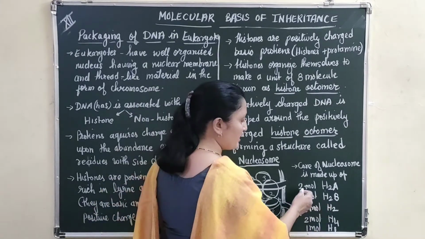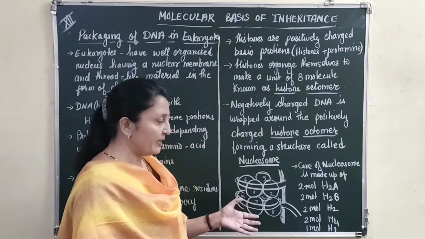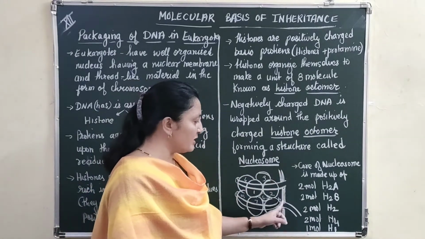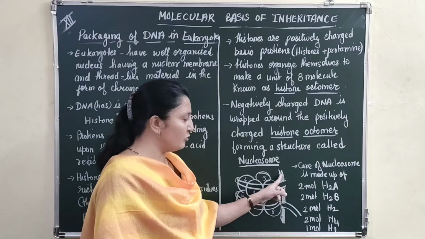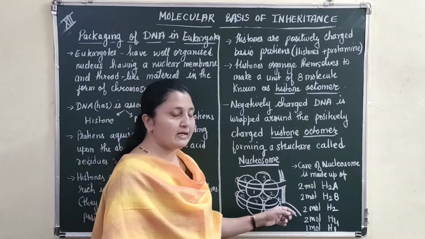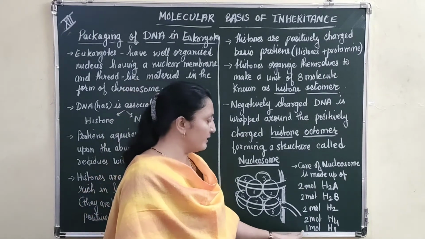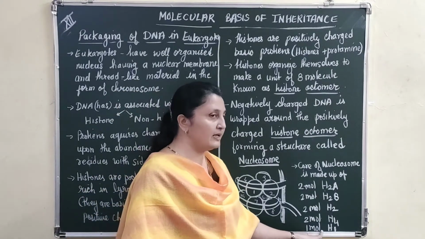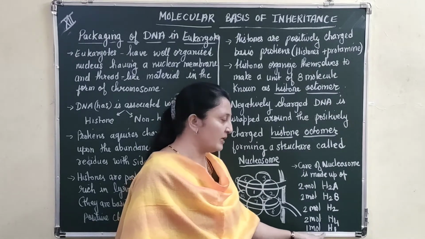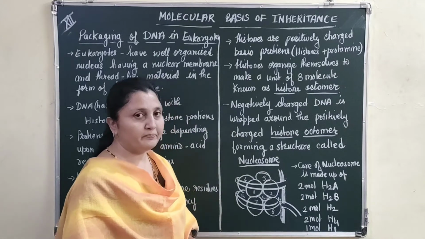So together that is 2 plus 2 plus 2 plus 2, 8 molecules. And one more histone molecule is present through which the DNA enters and exits after binding the octamer. It is a single molecule of histone, the H1 molecule.